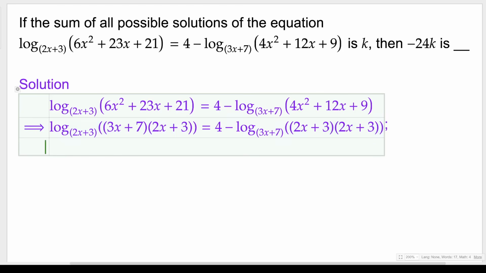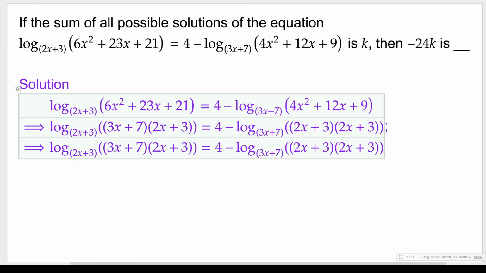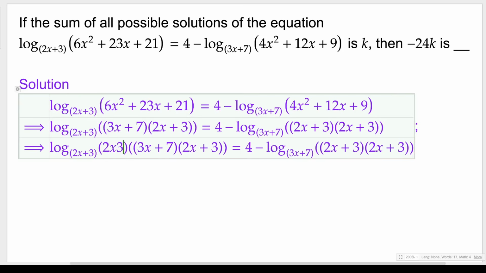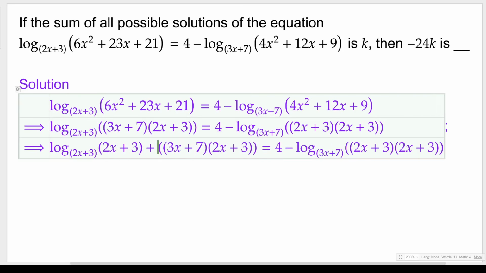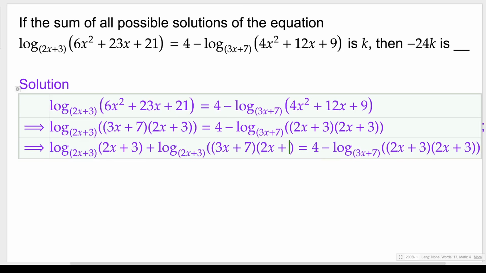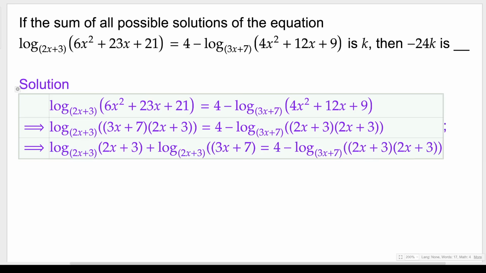So I'll replicate this one, and here we have log base 2x+3 of (2x+3), which eventually boils down to 1.